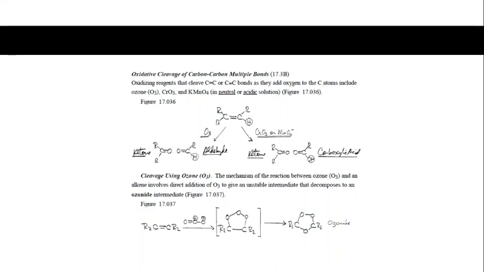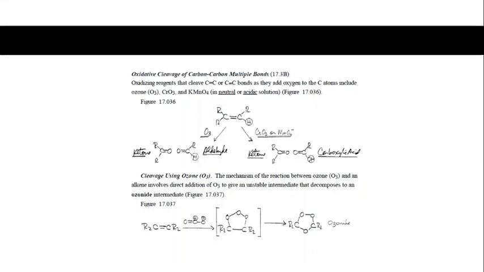After reacting it with ozone, chromium trioxide, or KMnO4 with acid workup, this bond will be cleaved, resulting in two ketones. One ketone will be R1, R2 C=O, and on the other side the ketone would be R3, R4 and the carbonyl carbon.